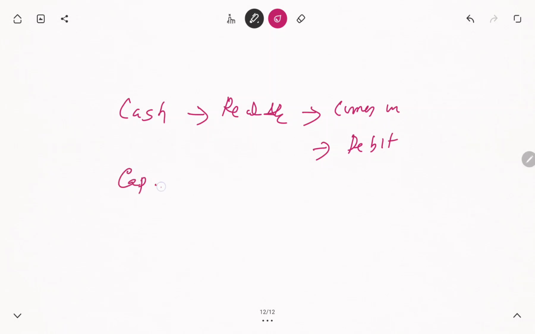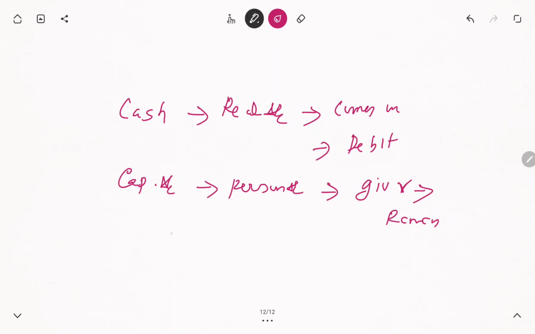Next one is capital account. It's a personal account. What is a personal account telling? Debit the receiver, credit the giver. Here the giver is which person? Raman. So one is cash, another one is capital.